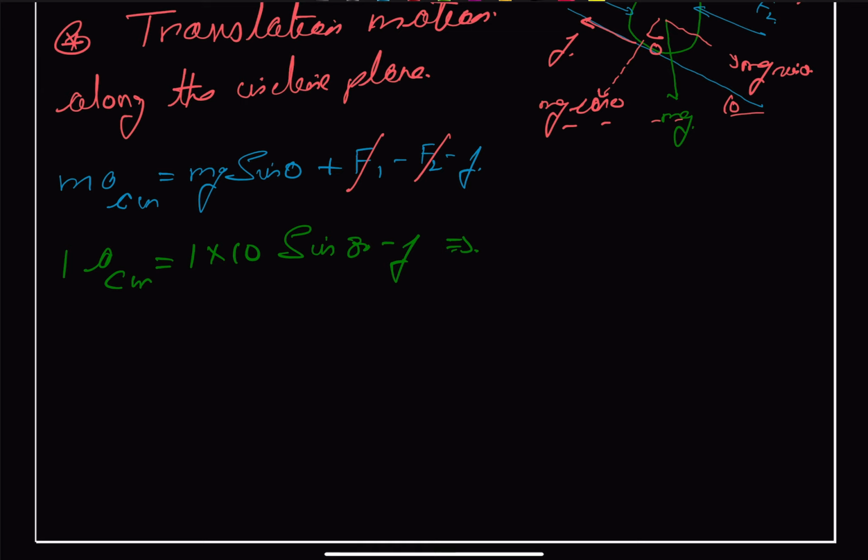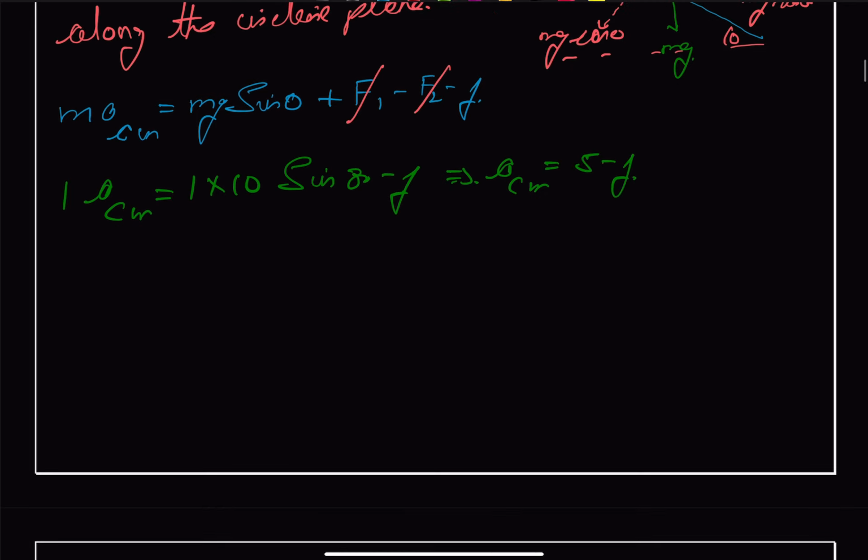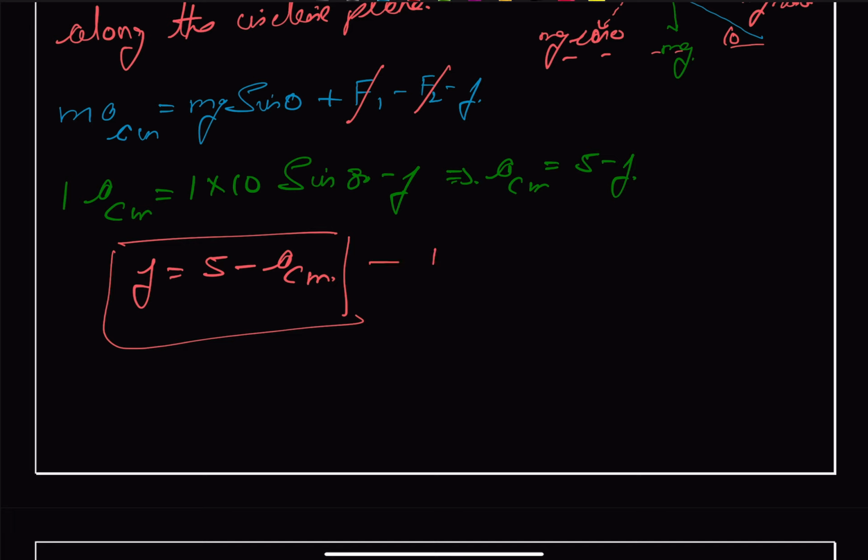So from here, ACM equals 5 minus F, and in terms of the frictional force, F equals 5 minus ACM. Let us call this equation number 1.